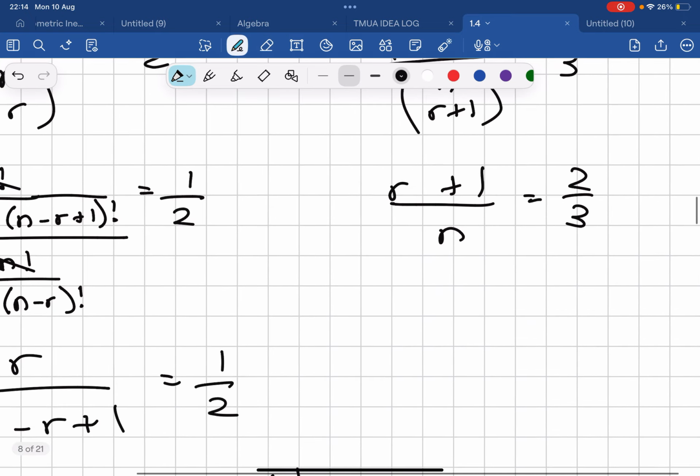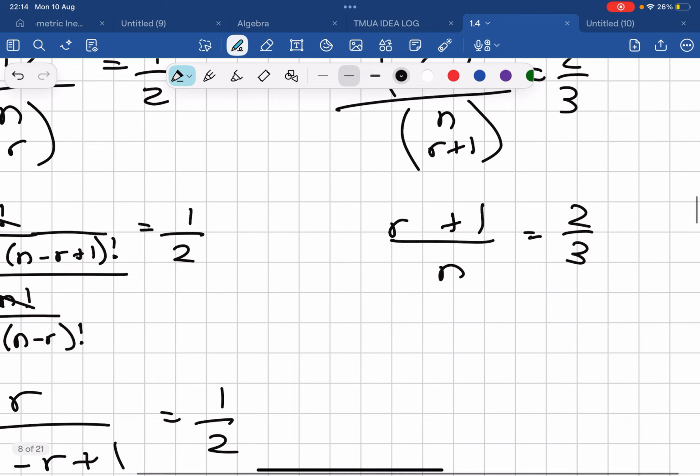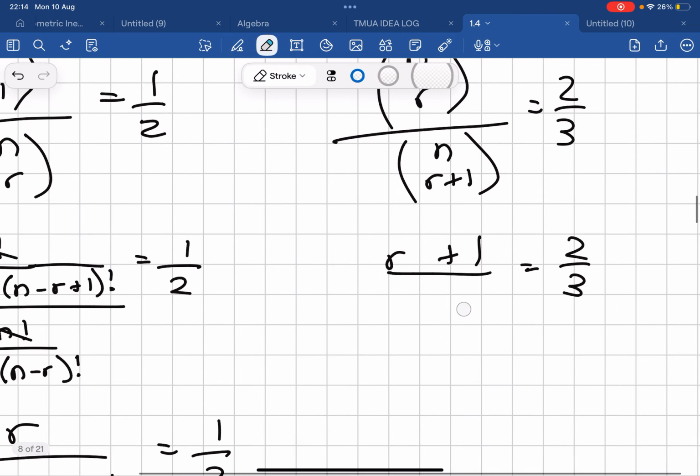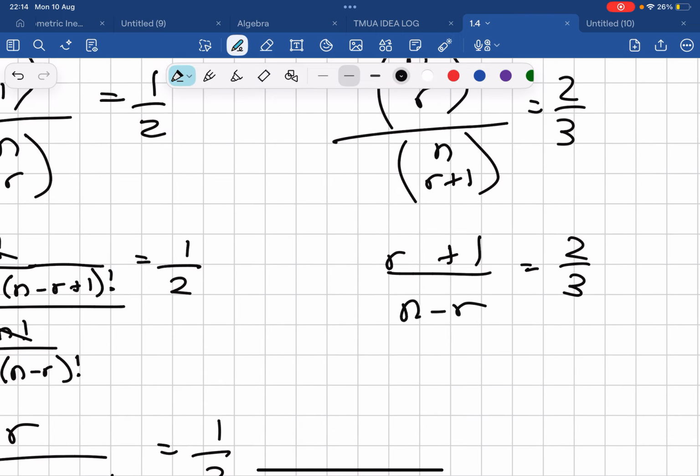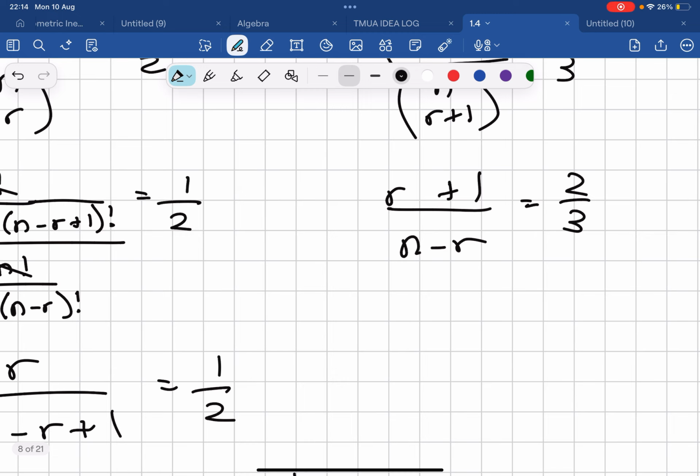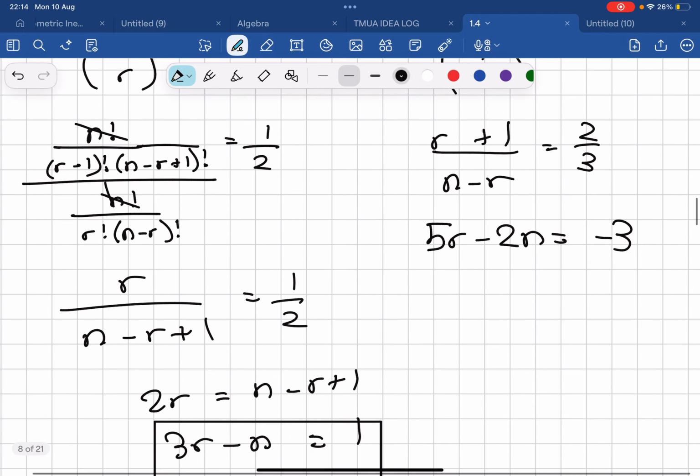Cross multiply, we get 3r plus 3, which equals 2n, hold on a minute, this should be n minus 1, so 2n minus 2r, and then that should rearrange to give us 5r minus 2n equals minus 3. Perfect.